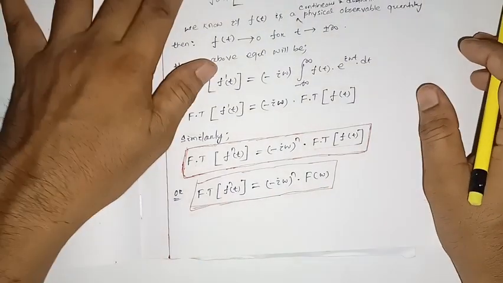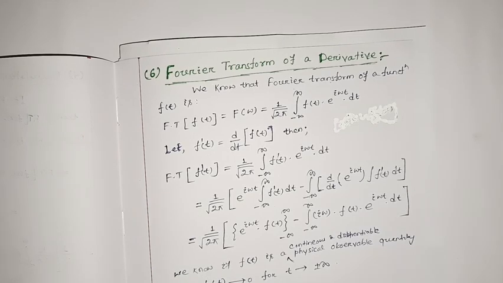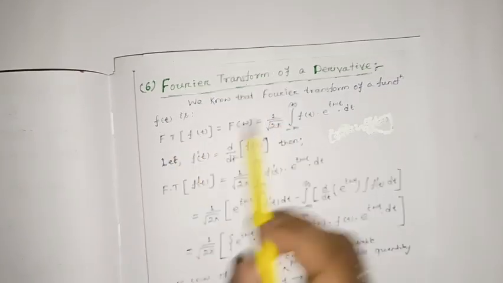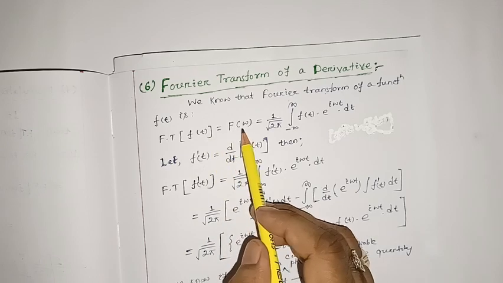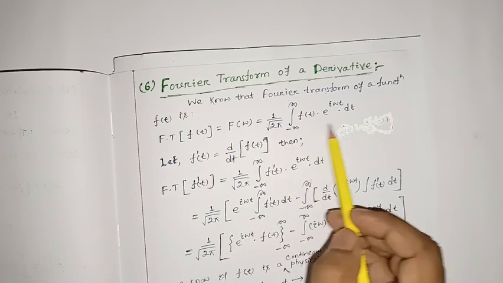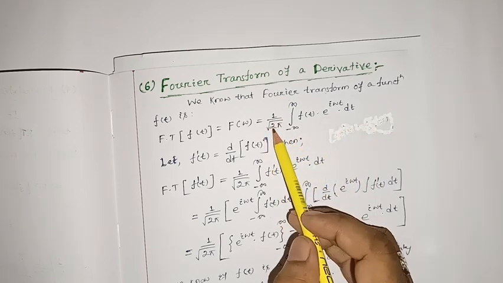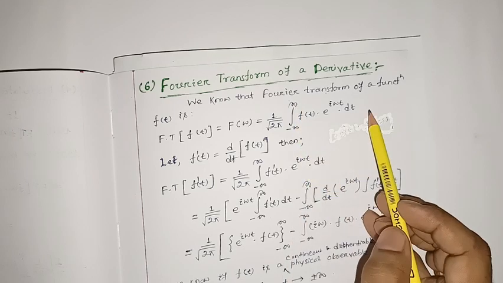Let's first prove it, then we will discuss what type of questions you can face based upon this property. We know if we have a function f(t), its Fourier transform, capital F(omega), will be written in the form of this integral: 1 by root 2 pi, integral from minus infinity to plus infinity of f(t) e to the i omega t dt.